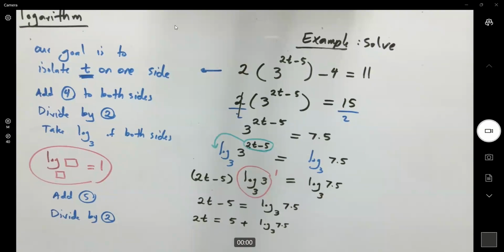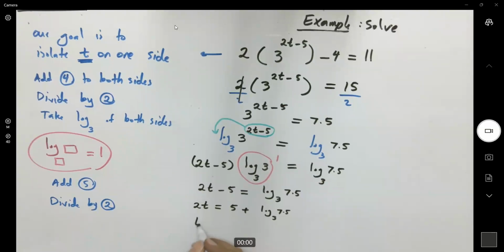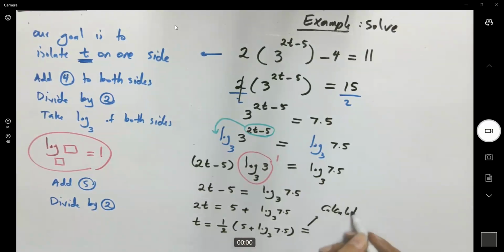I get t equals to a half times 5 plus log with base 3 of 7.5. You have to use your calculator. We don't have any other choice. And t becomes approximately 3.417. This is the approximation for t.